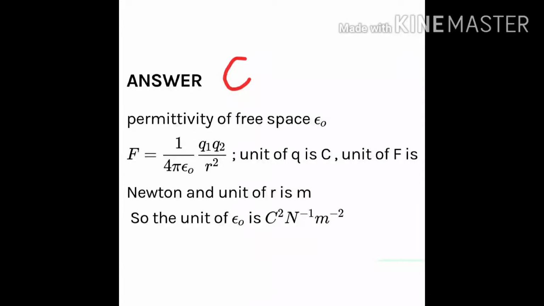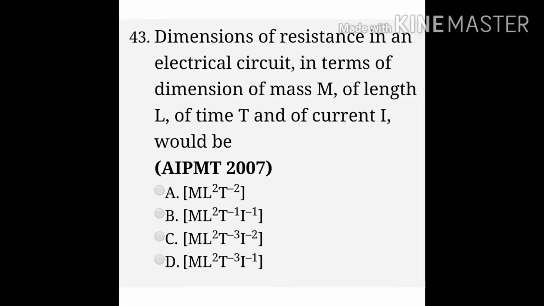F is equal to 1 by 4 pi epsilon naught Q1 Q2 divided by R square. So by substituting the units for each and every quantity and simplifying it, we are getting coulomb square per Newton meter square. Number 43.